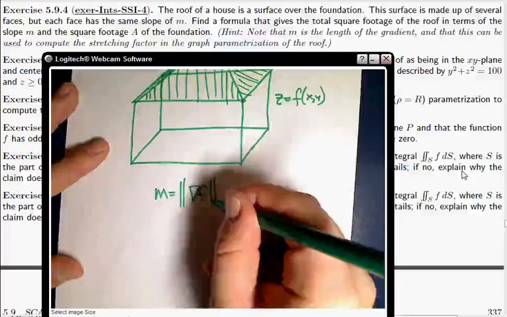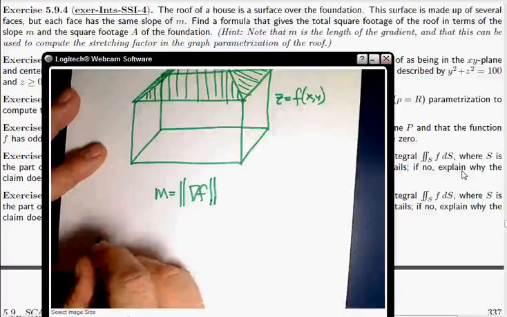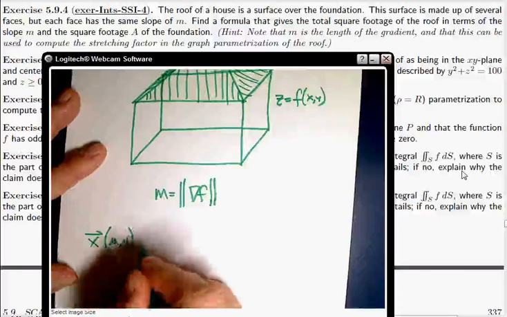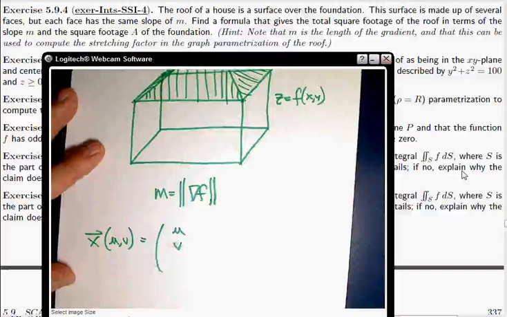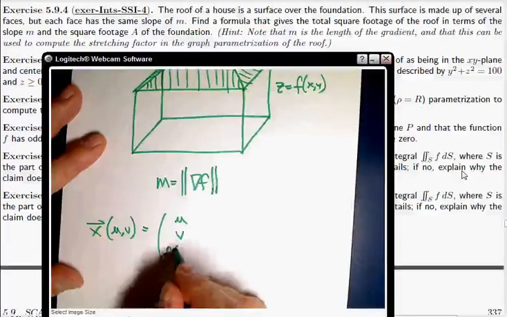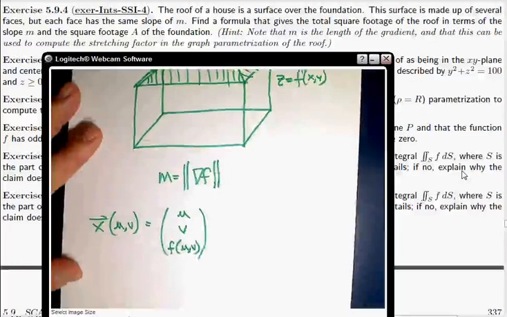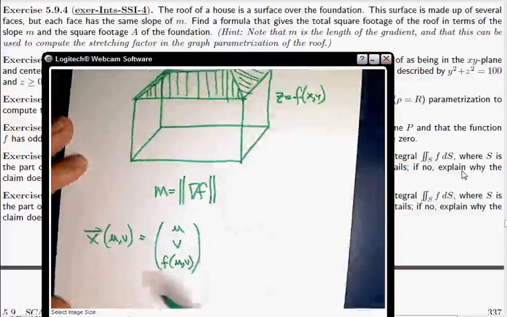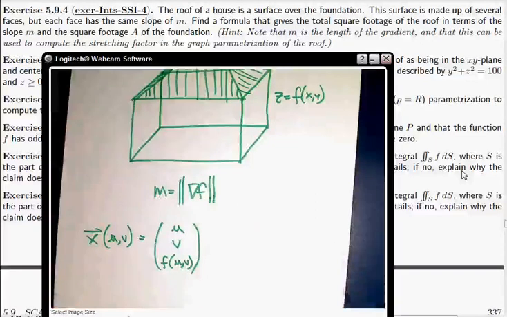So the graph parameterization, let's call this x of u comma v, and it is u comma v comma f of u v, parameterizes our roof. Is everybody good so far? It's not clear where we're going because we don't know what this function is. But whatever it is, this definitely parameterizes the roof. And we're still not sure why this is going to matter, but let's just kind of press on.